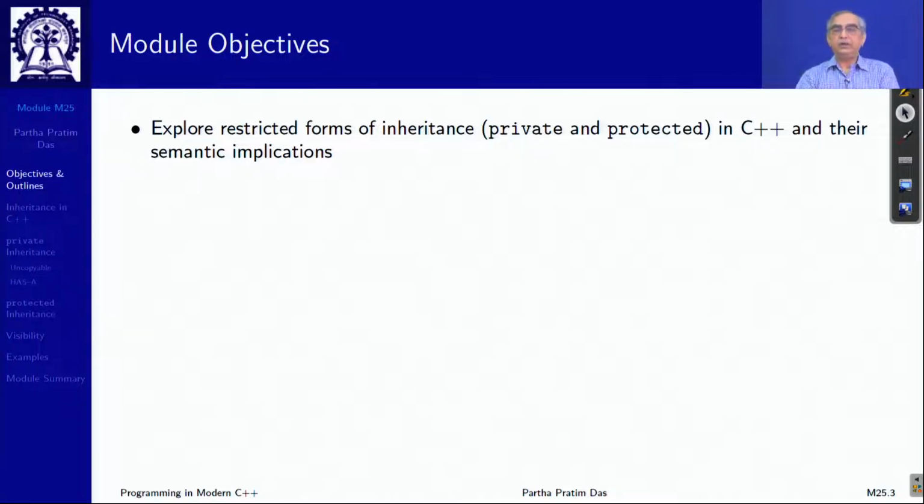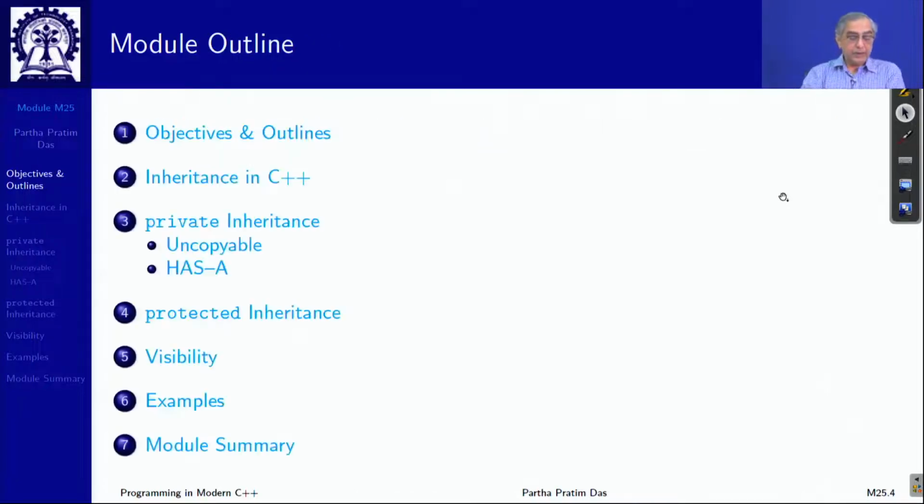Any normal good C++ hierarchy design should never need these. So, it is a little bit of a negative module, or negative knowledge I should say, but every knowledge is important. This is the outline.